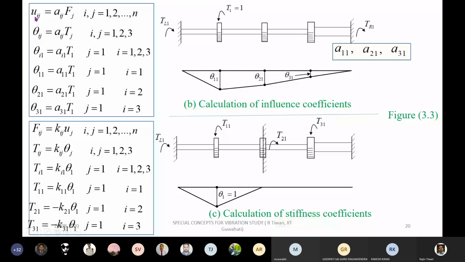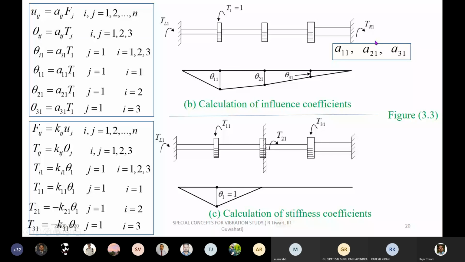In this example, the displacement is the angular displacement and the force is the torque. So this expression can be written like this, in which force is torque and the corresponding displacement.